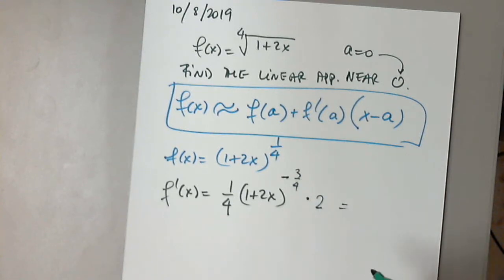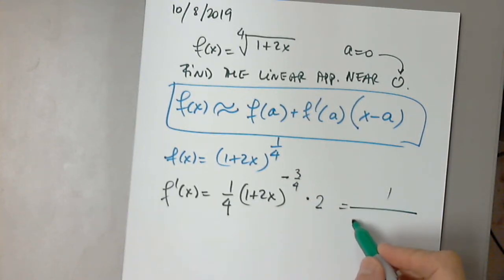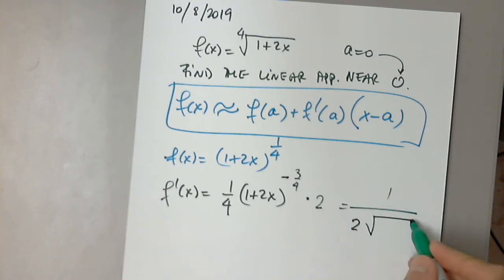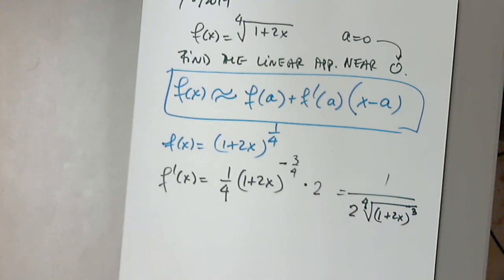So then the simplified form is 1 over 2, because I simplified 2 and 4, the fourth root of 1 plus 2x to the third. Do we all agree with this f prime?